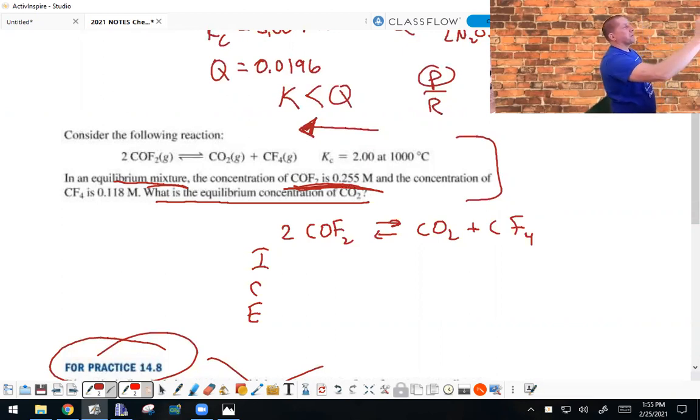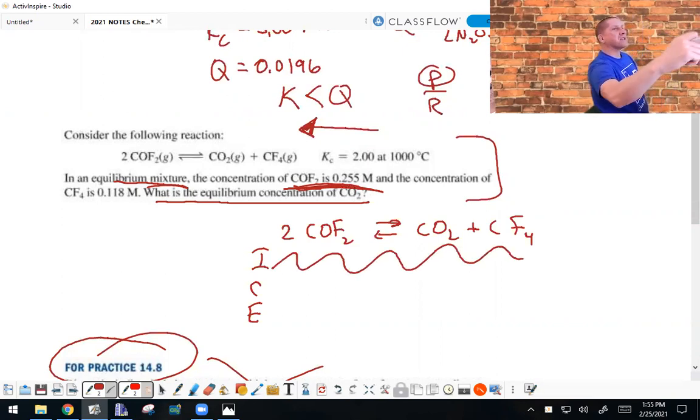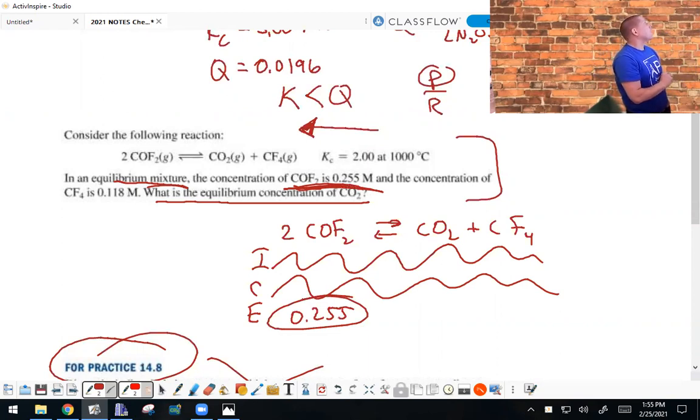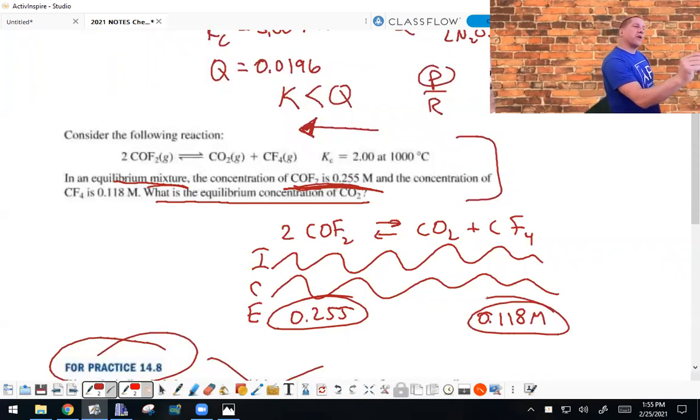What is the equilibrium concentration? See, we're not at the initial conditions this time, so we don't even care what the change is, because in an equilibrium mixture, COF2 is 0.255. So now we have the equilibrium concentrations: CF4 is 0.118, and we don't know this one.